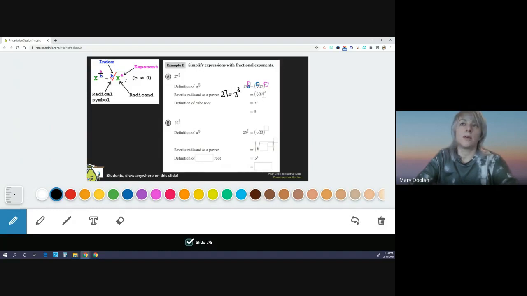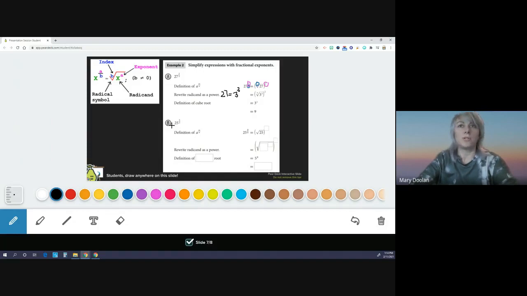Okay, and then in the parentheses here, the cubed root of something being cubed, or the 3rd root of something to the 3rd power, cancels each other out. And so we're left with just the 3. And then the squared symbol comes here. 3 squared is just the same as 3 times 3, and that's where the answer of 9 comes from.